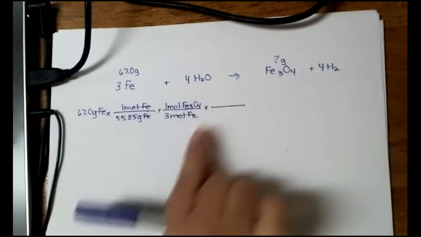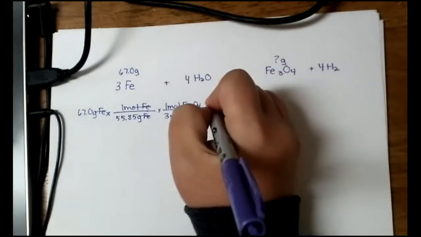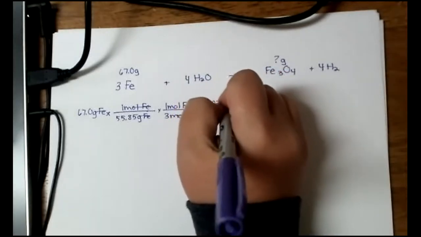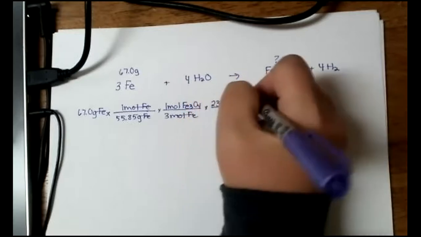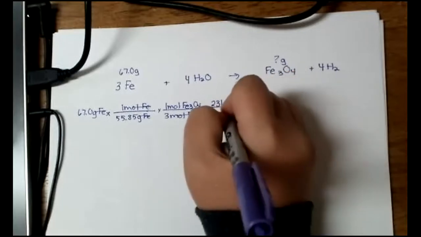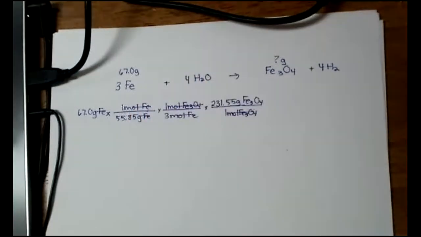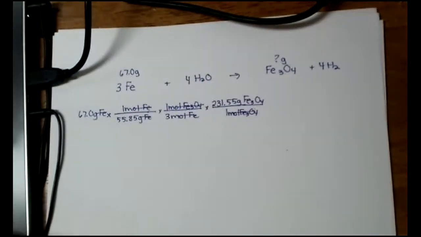Okay. And then last but not least, I need to get this to grams. In order to do that, I need to work out the molar mass. The molar mass of this is going to be 231.55 grams of Fe3O4. Okay, so now I'm going to just run it through my calculator.